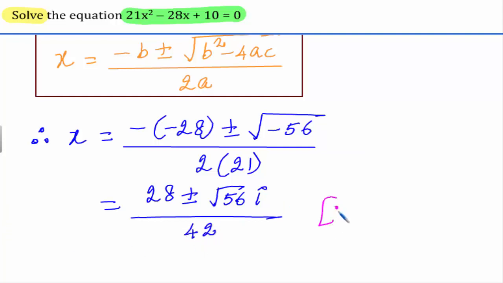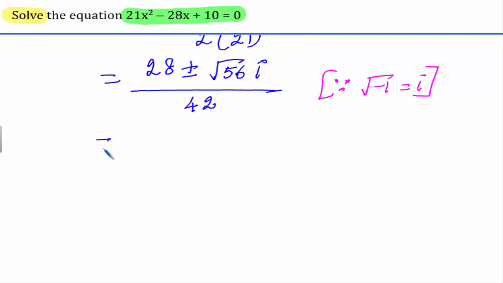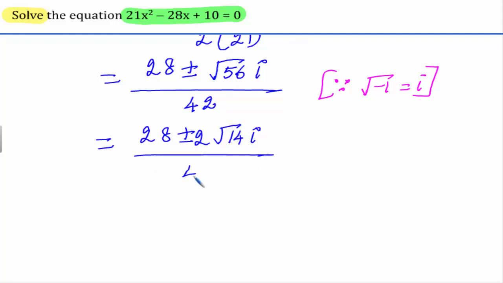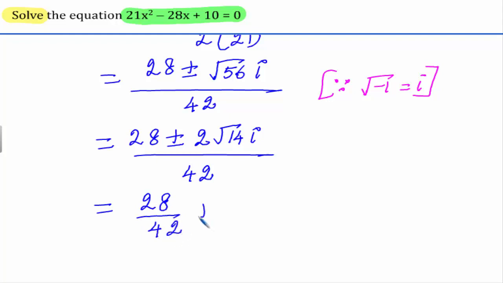Since root over minus 1 is equal to i, we can write this as 28 plus or minus 2 root 14i divided by 42. We can write this as 28 upon 42 plus or minus 2 root 14i divided by 42.